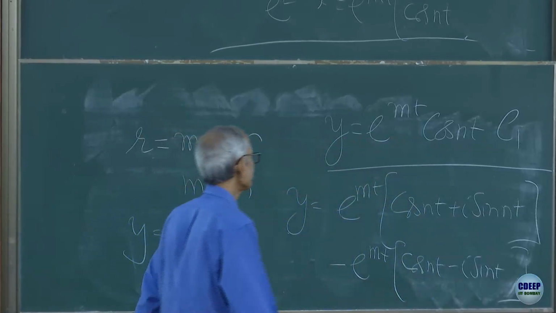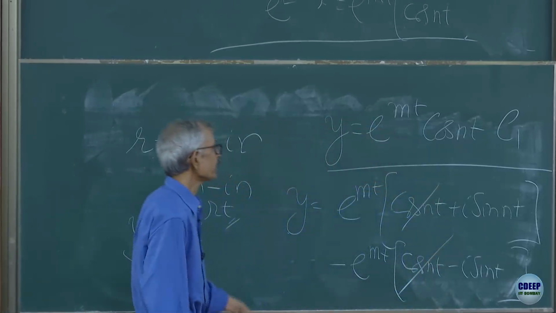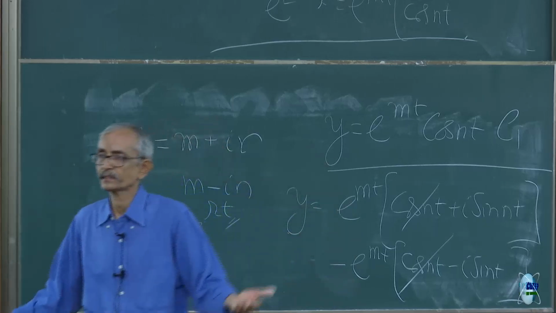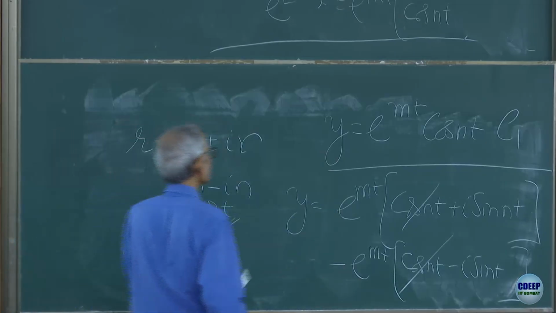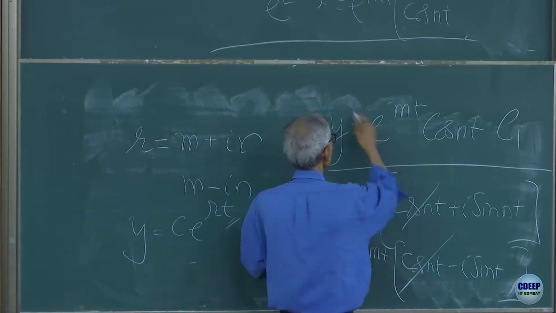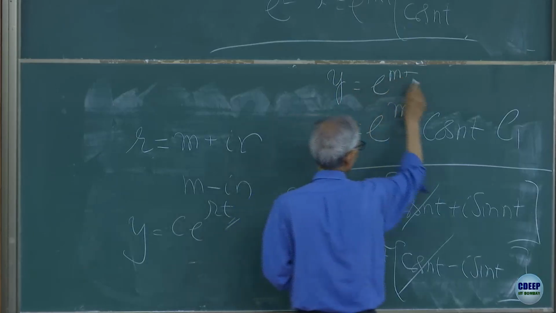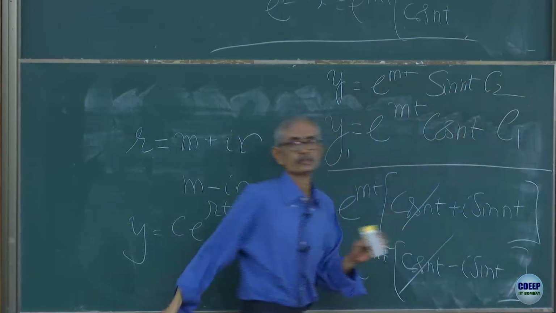So when I subtract these two guys, this is going to go away and I'm going to multiply through by I, which is perfectly fine to do, right? And so therefore my other solution becomes this. This is y1, this is e to the power of mt sine of nt times c2.